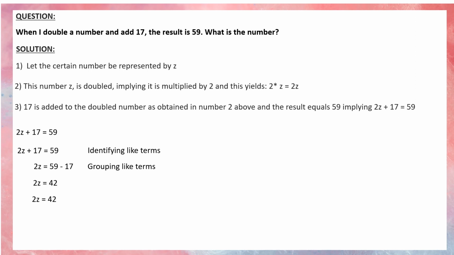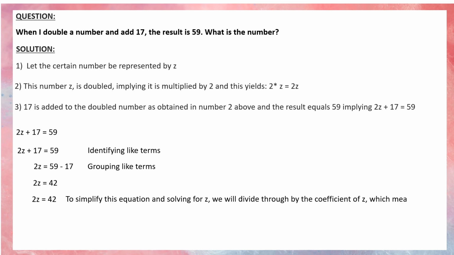Now what do we do? We see that 2z is equals to 42. If we want to solve for z, then what is the coefficient of z? Coefficient of z is simply what is multiplying z, and that is 2. So what we can simply do is to divide both sides by 2 in order for us to be able to solve for z.